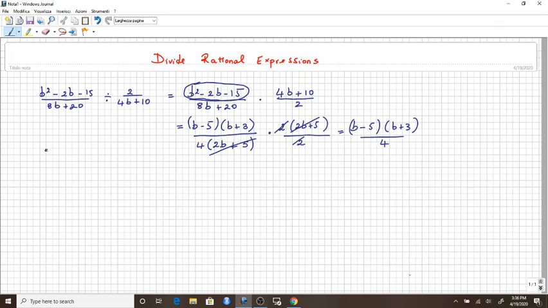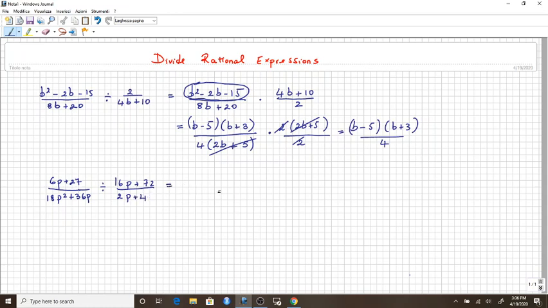Okay, let's work two additional problems. Alright, so here we have 6p plus 27 divided by 18p squared plus 36p, and then we want to divide this by 16p plus 72, and then divide by 2p plus 4.